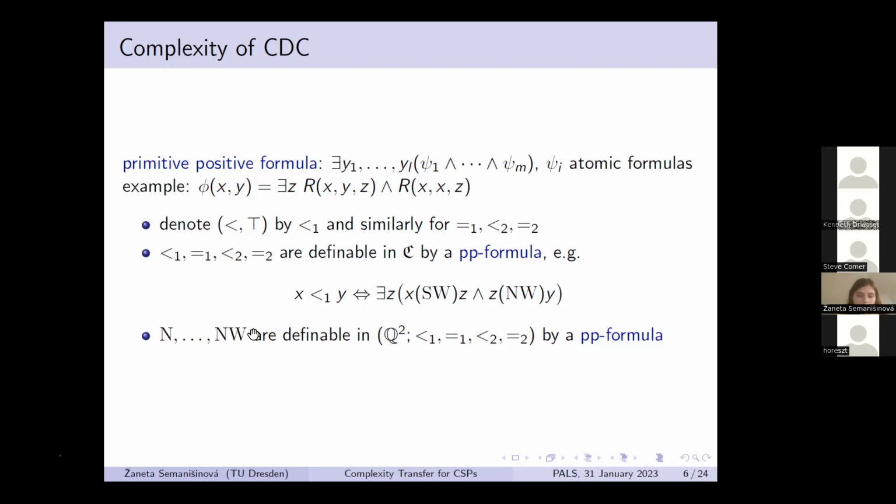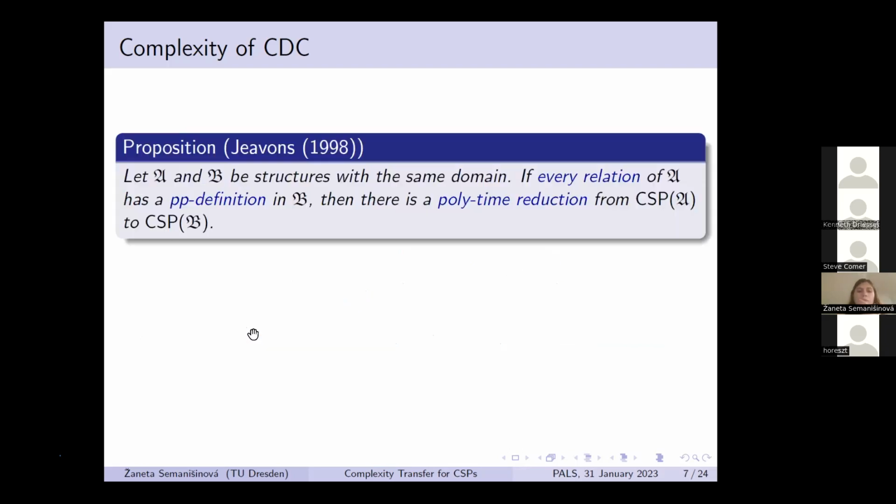Yeah, so why should we bother to do this? Well, because there is a well-known result of Jevons that if we have two structures with the same domain, such that every relation of one has a primitive positive definition in the other, then we can reduce in polynomial time the CSP of one to the CSP of the other.